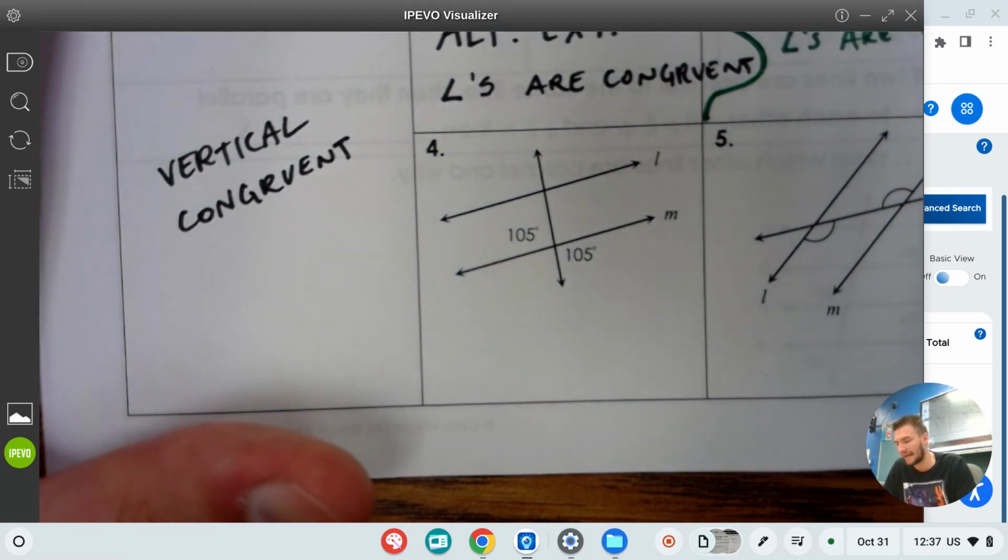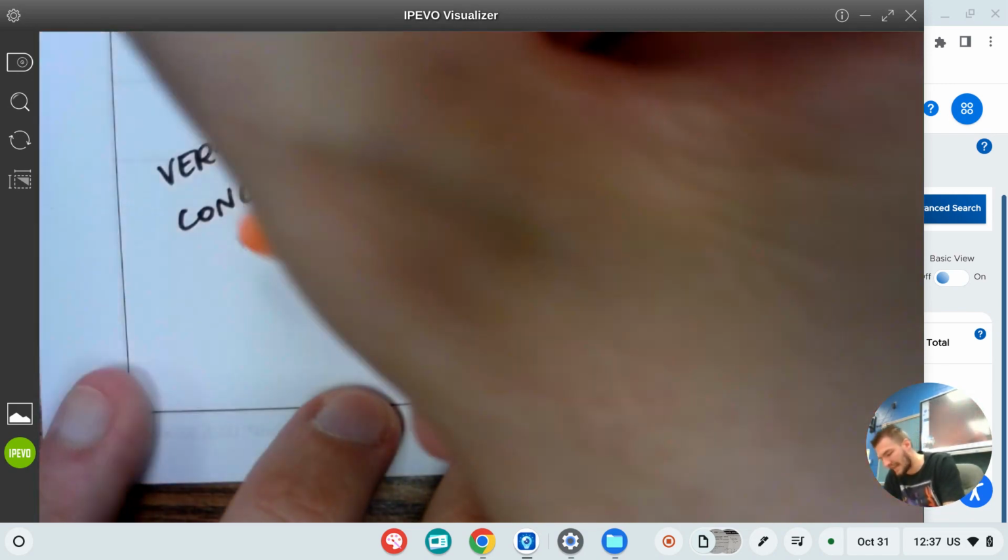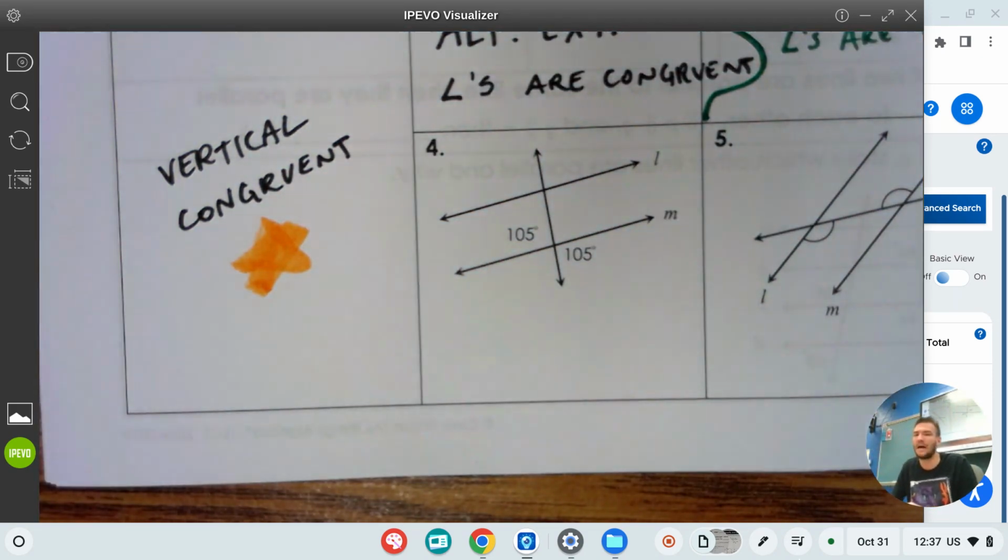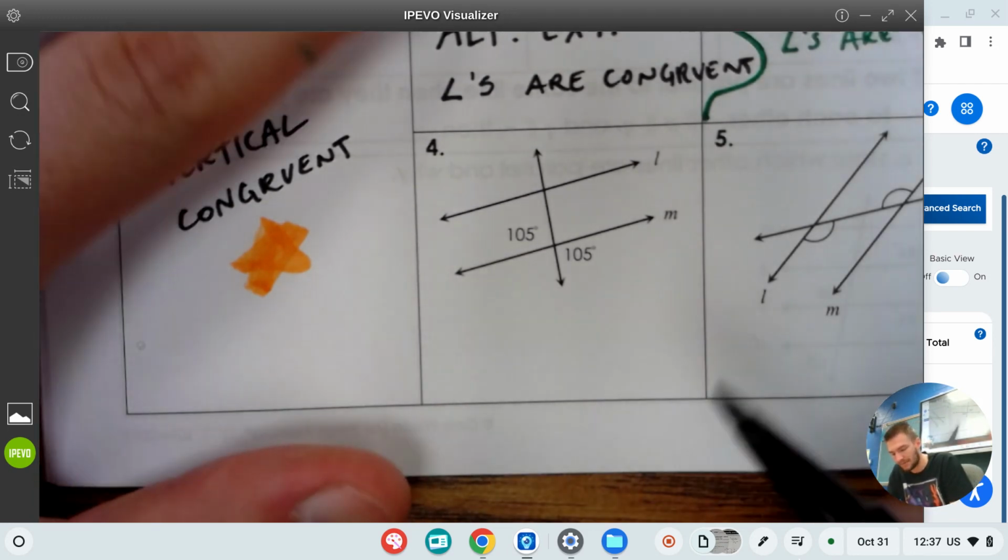But you need to be careful. This is a very, very commonly missed one in geometry because we like these, but here's the deal.